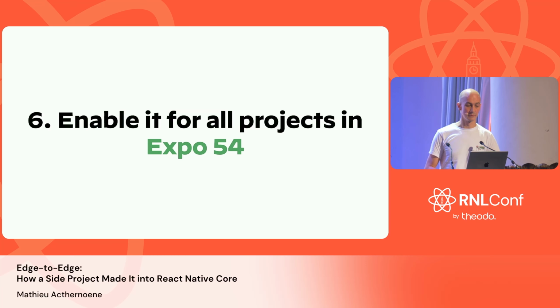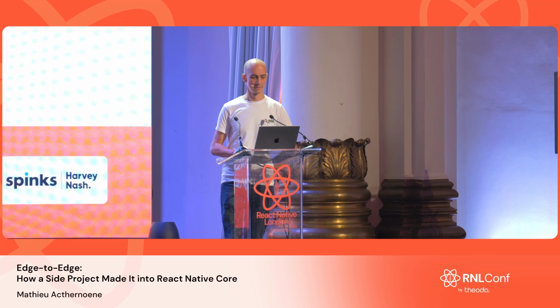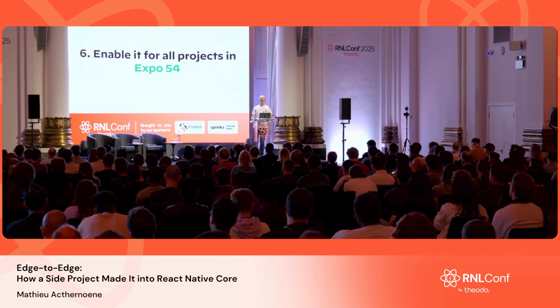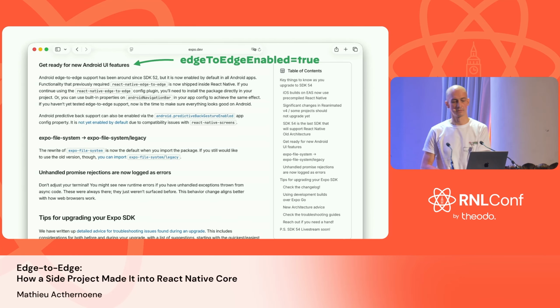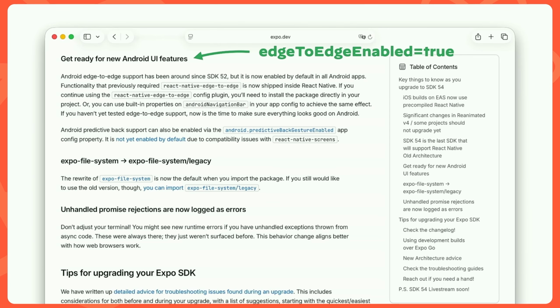Step 6, the release of Expo 54, which enables edge-to-edge by default, and now it cannot be disabled anymore. Since React Native was updated, Expo was able to use the new edge-to-edge Gradle property and remove React Native edge-to-edge from their code base.